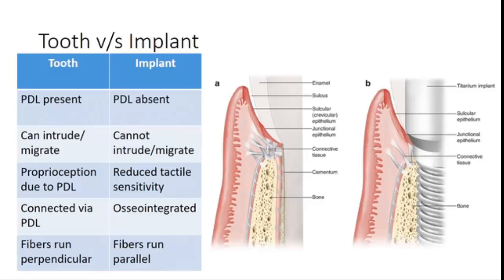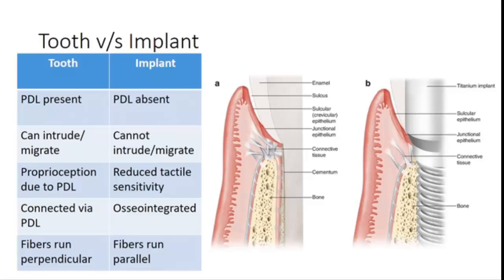The fibers in natural tooth runs perpendicular, whereas the fibers in a dental implant runs in a parallel fashion. I repeat again, these are the 5 basic differences between a tooth and a dental implant.